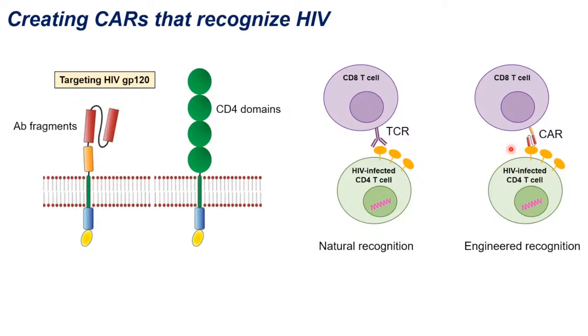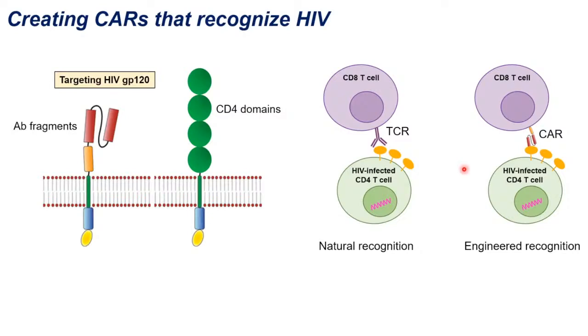Some of the opportunities for making CARs include adding parts of antibodies that naturally recognize the HIV envelope protein, or even taking the natural receptor of the HIV protein, which is the CD4 molecule, and taking the little blob of CD4 that HIV ENV binds to, and using that as a CAR.